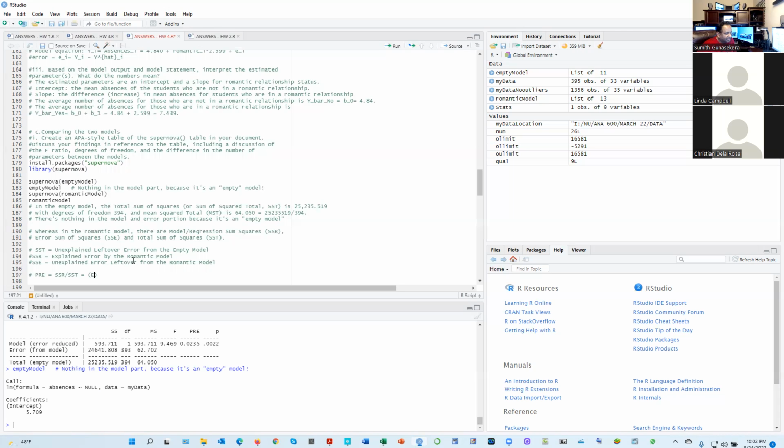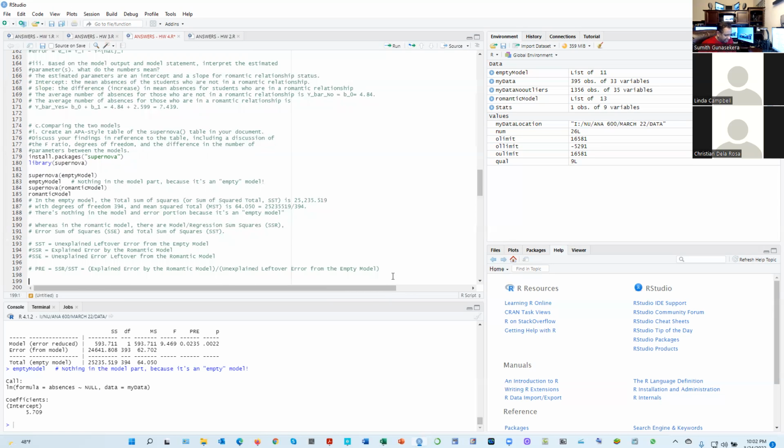Explained error divided by the unexplained error left over from the empty model. See, another way to look at it.